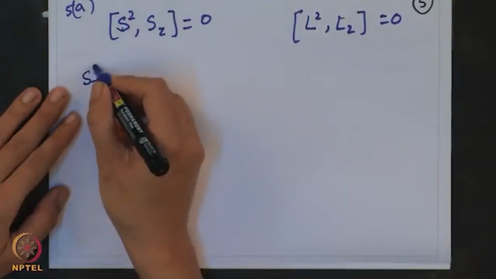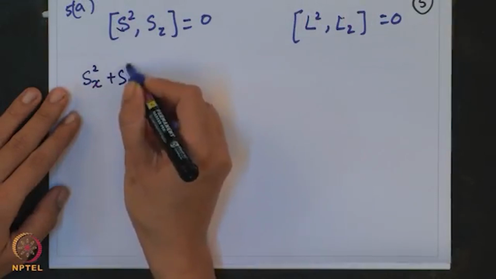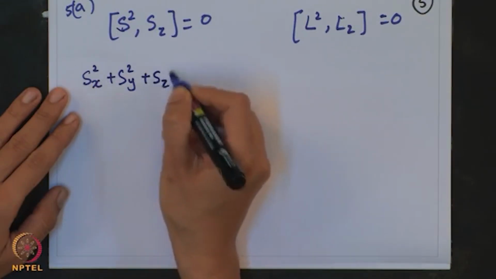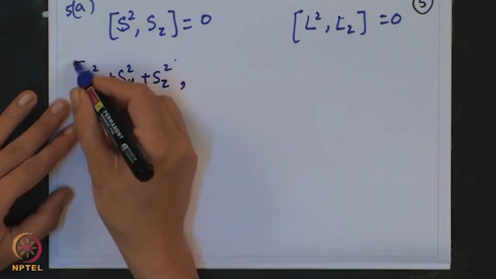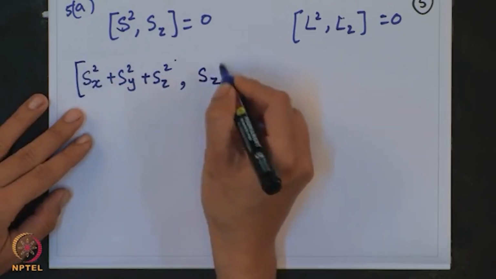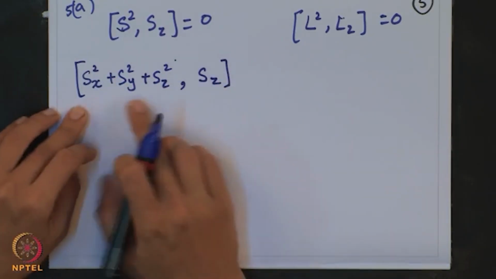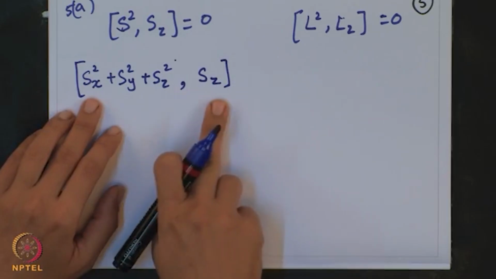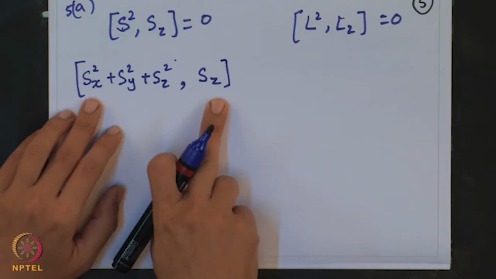So, let us start by doing S square and Sz. You can write S square as Sx square plus Sy square plus Sz square, correct. You have to find the commutator of Sx square with Sz. Okay.